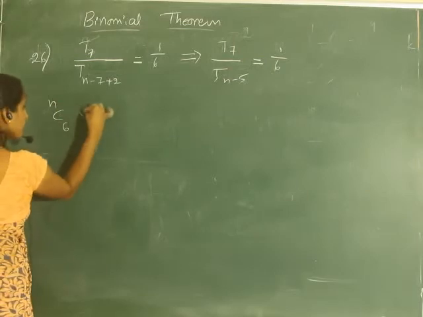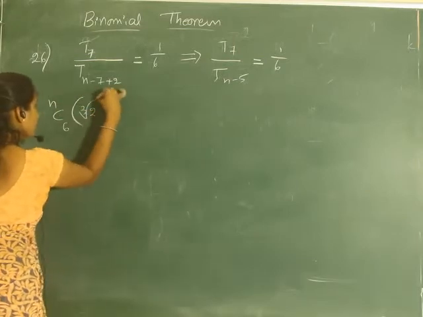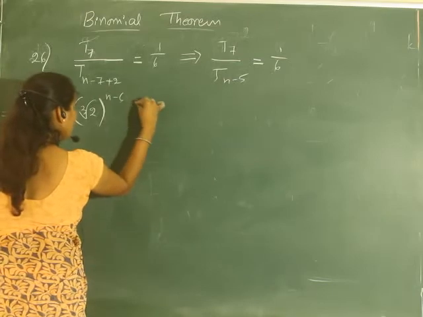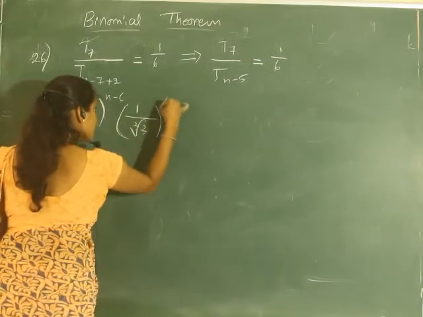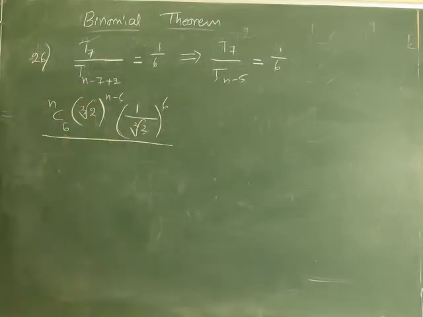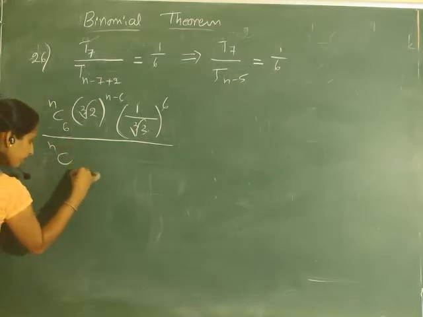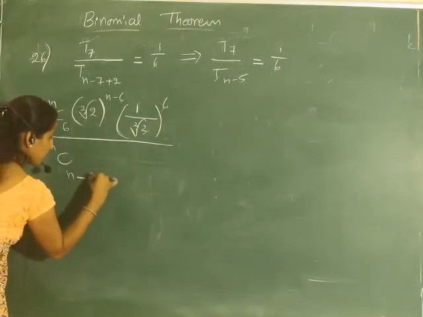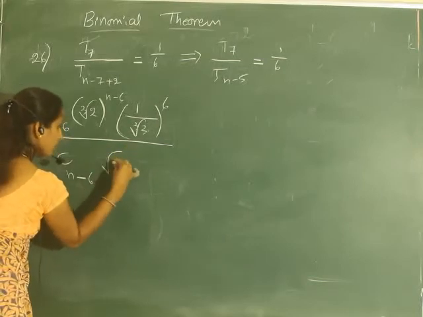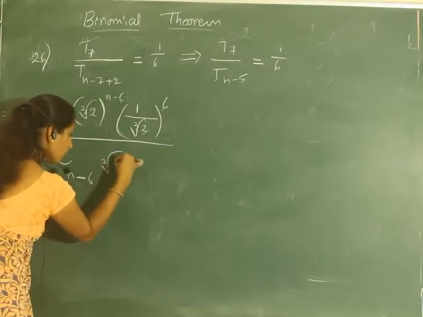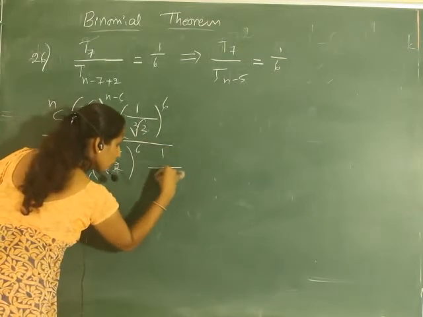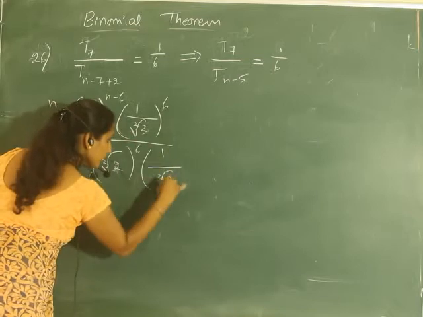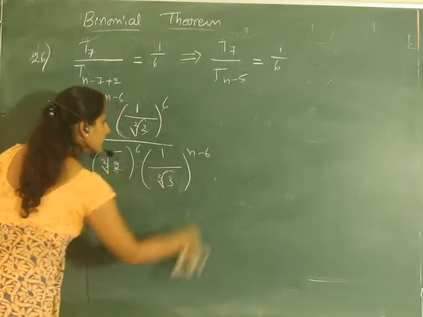The 7th term will be nC6 (cube root of 2) to the power n minus 6 and (1 by cube root of 3) to the power 6, whole divided by nC(n minus 6) (cube root of 2) to the power 6 and (1 by cube root of 3) to the power n minus 6.